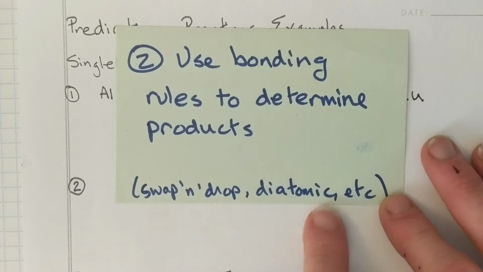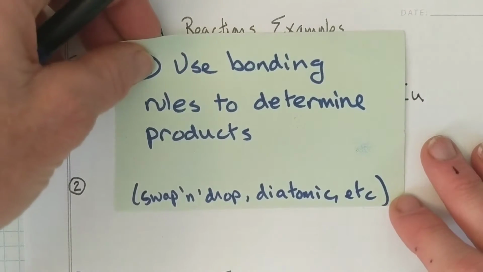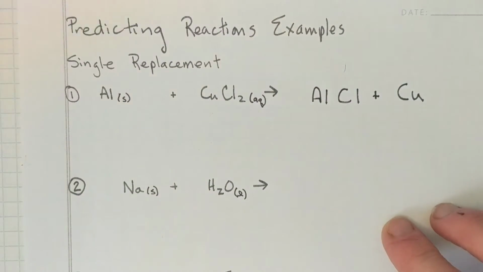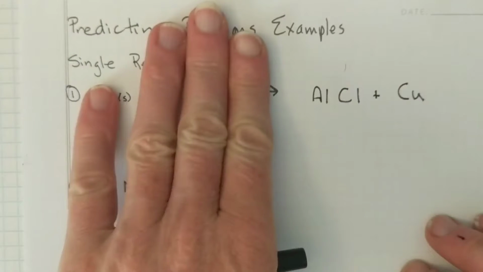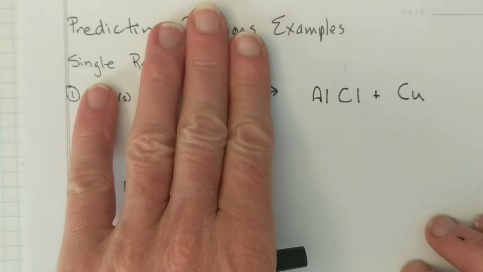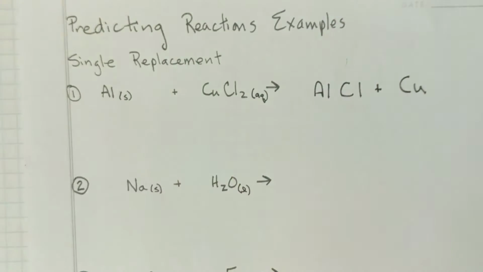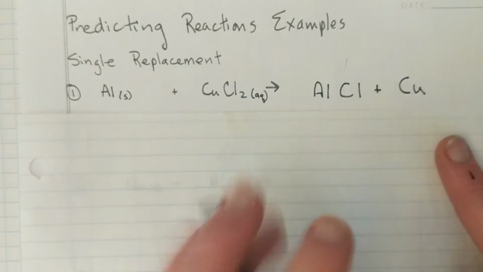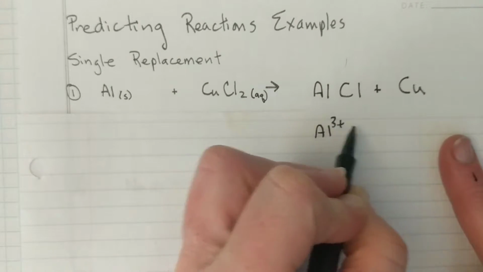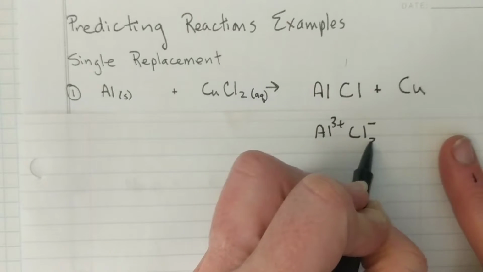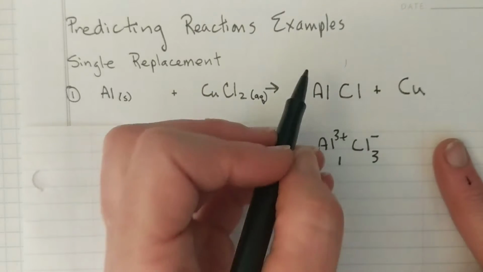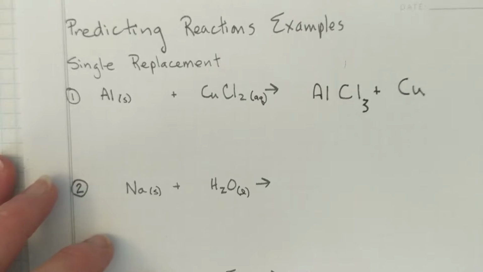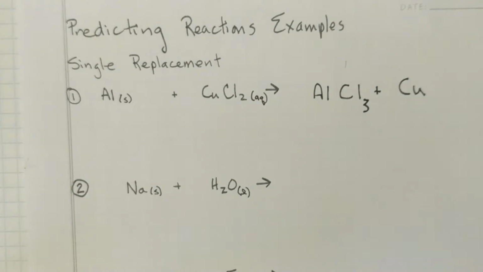Let's remember the swap and drop, or diatomic molecules, etc. We look at aluminum and chlorine. That's a metal plus nonmetal. Aluminum is going to be a +3, chlorine a -1. So we swap and drop, and we have AlCl3. Copper is a metal, and we know the formula for metals is just by itself.